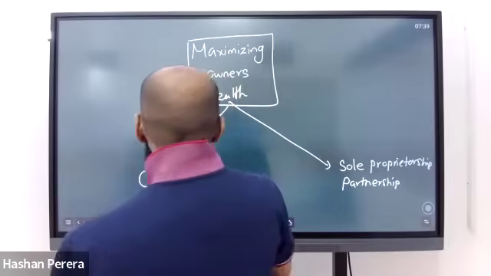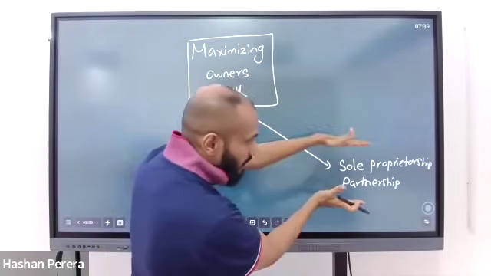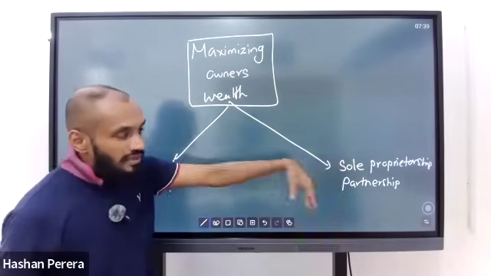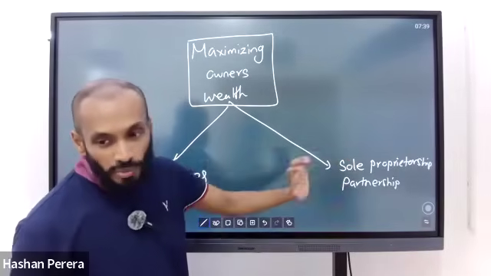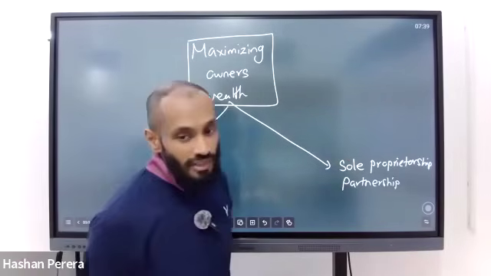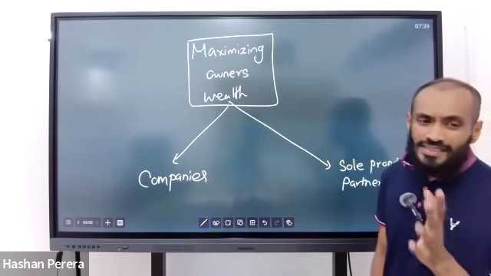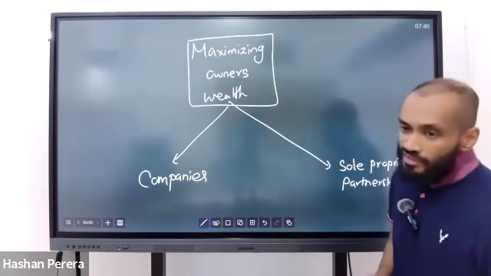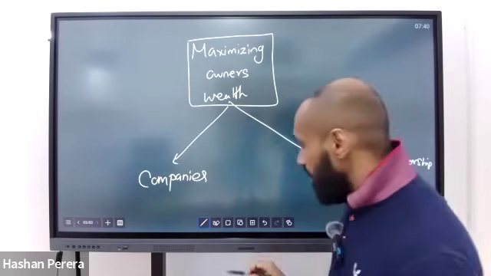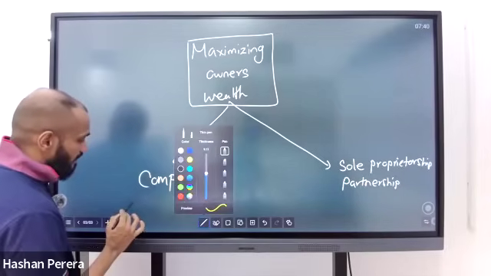So when it comes to maximizing owner's wealth, I am going to explain what it means with regards to sole proprietorship, and what you mean by maximizing the wealth in relation to companies. On the company side, the meaning of maximizing wealth is increasing the share prices.